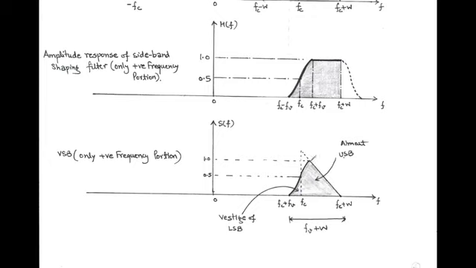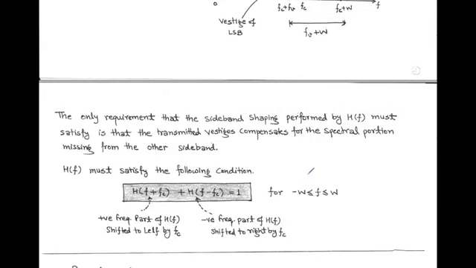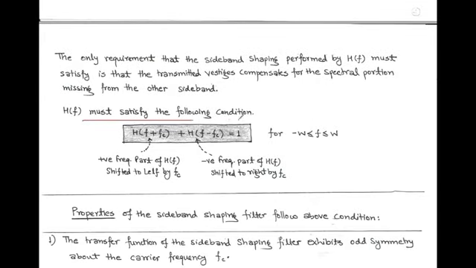And as far as the design of the sideband shaping filter is concerned, the only requirement is that the transmitted vestige compensates for the spectral portion missing from the other sideband. To obtain this requirement, the transfer function H(f) must satisfy the following condition: H(f plus fc) plus H(f minus fc) should be equal to 1 for frequencies between minus W and W. Here fc is called the carrier frequency.